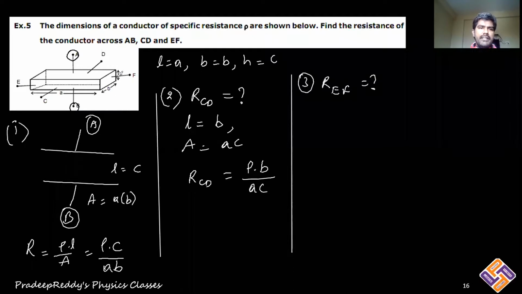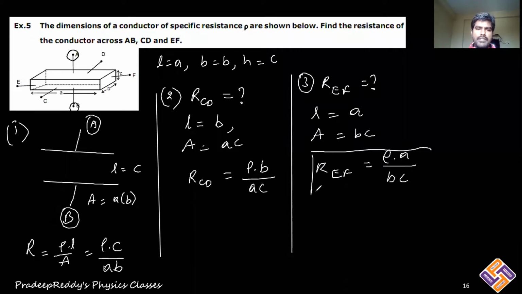Therefore, if you are considering EF, the length will be equal to A, and the area of cross section will be B into C. So resistance R EF is equal to rho L, which is A, divided by BC. Right? We have got 3 different values. Check it up.